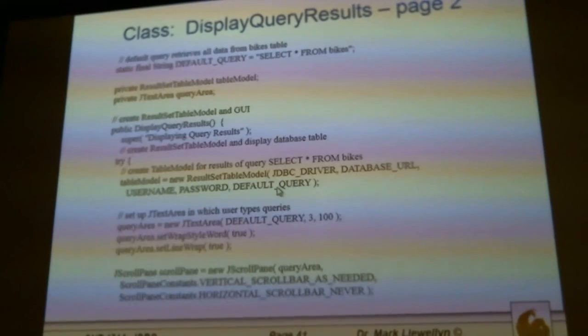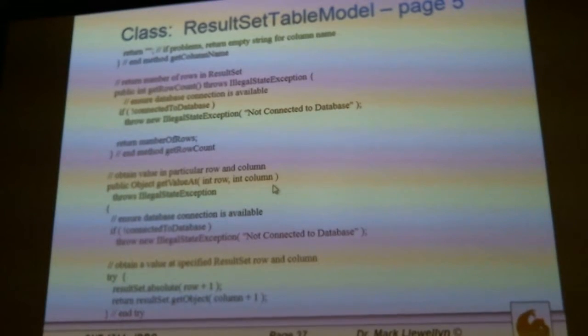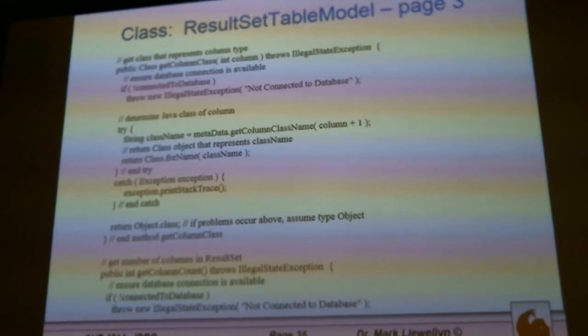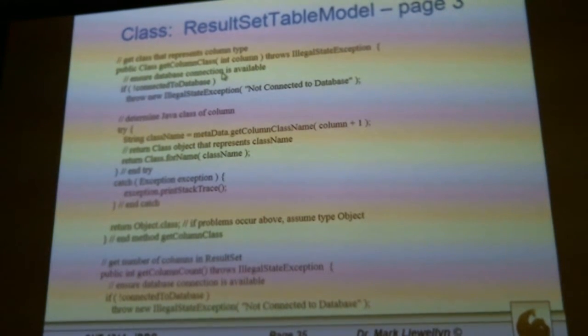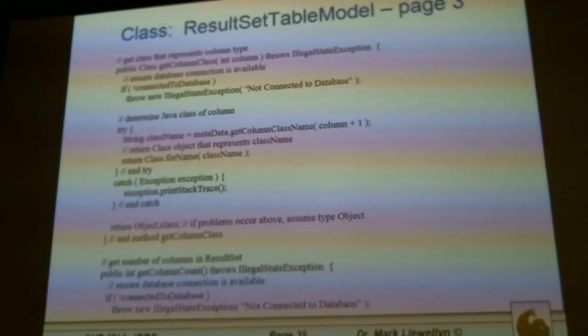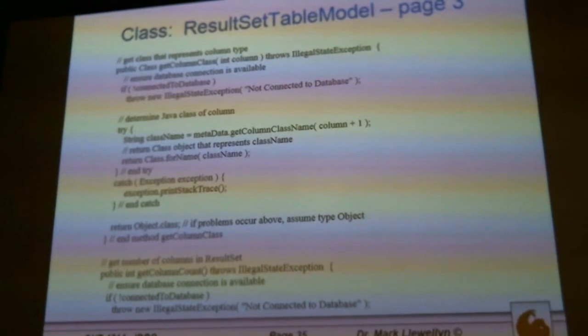So for example, when you look back here in the result set table class, what might happen here is when you try to make the connection, remember one of the things we said before was if you don't have the driver loaded, where the driver manager can find it, it throws a class not found exception because it can't find the driver class.